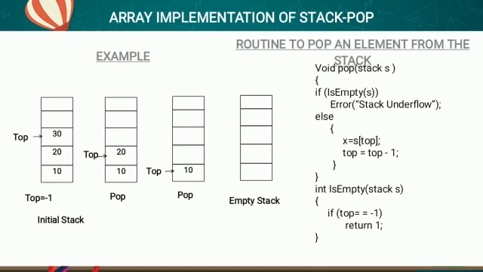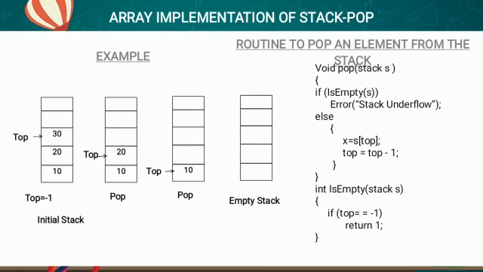Now we go for the pop operation. It is the process of deleting the top element from the stack. It takes only one parameter x, that is to be deleted from the top of the stack. Before deleting the top element from the stack, we check for an empty stack. If top of the stack is equal to -1, then we return the stack underflow condition.